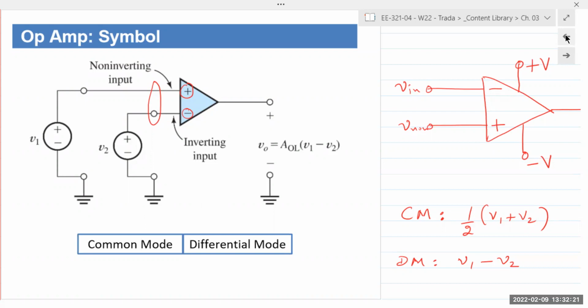So it's not as if we are applying that common input on purpose. It is the inherent property of an op-amp that any incoming common signals it sees at both terminals will be amplified by zero, or basically rejected.